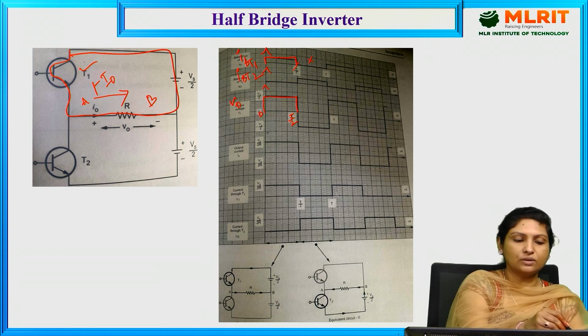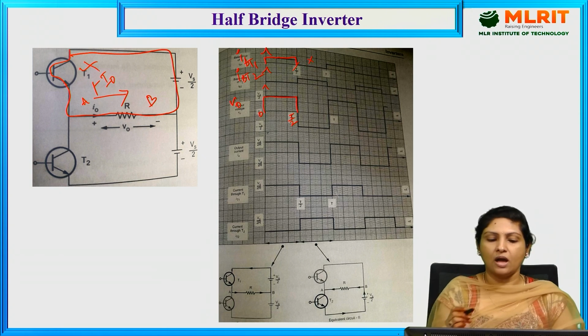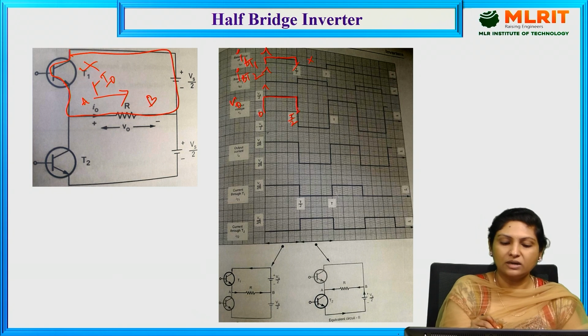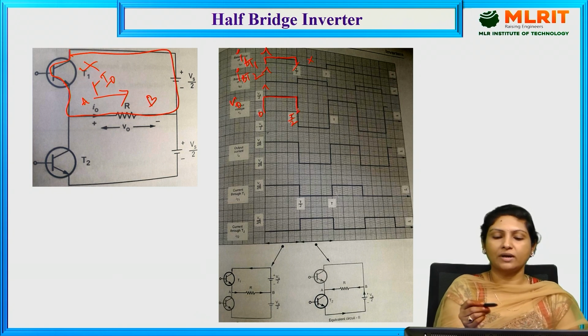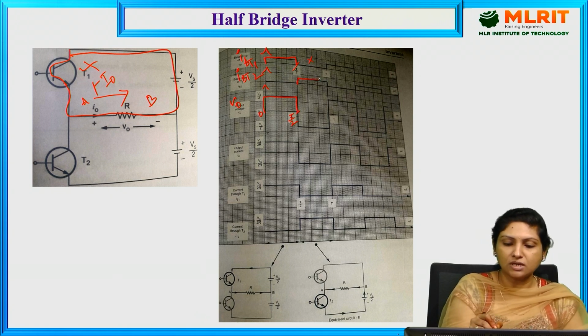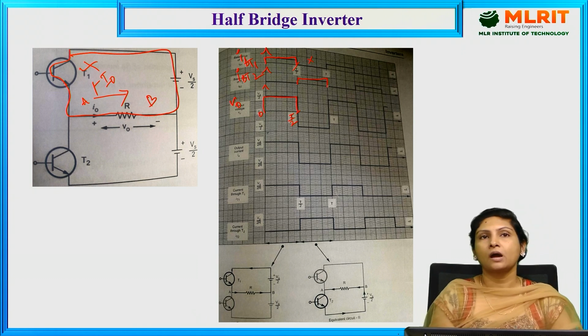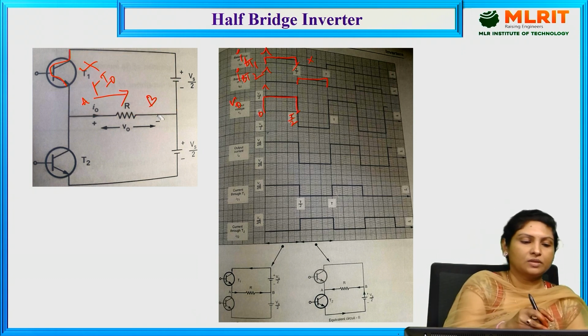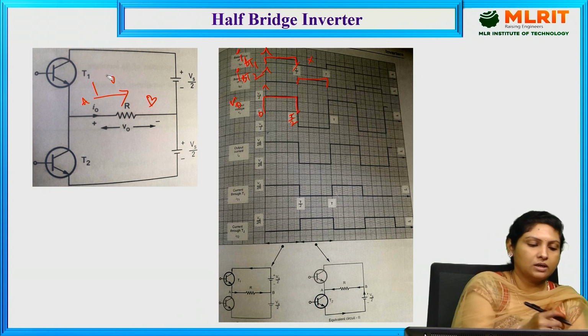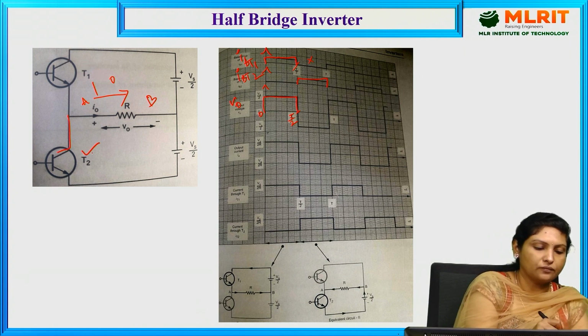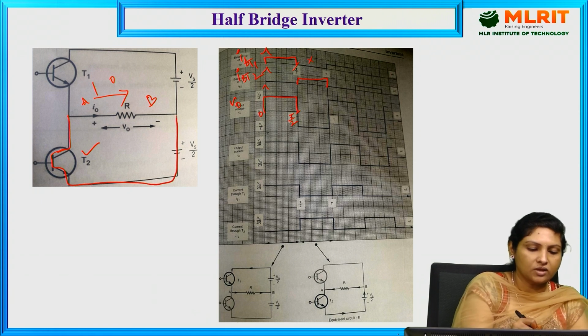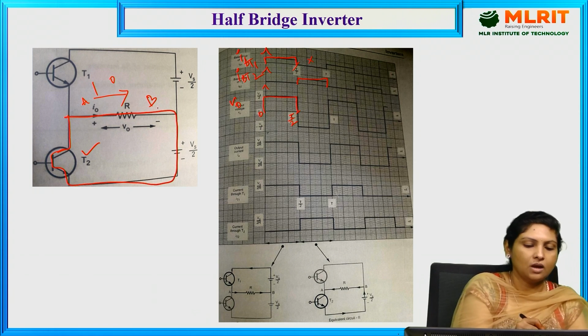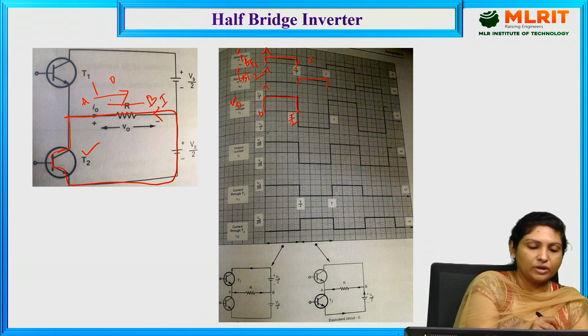That means transistor 1 is now turned off, and at this moment T/2, we provide the base drive for transistor 2. Because we have provided the base drive for transistor 2, transistor 2 is now turned on and it is conducting current through the load in this direction. And this is the current flow through the load from B to A.